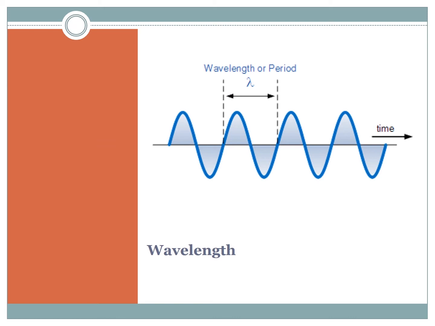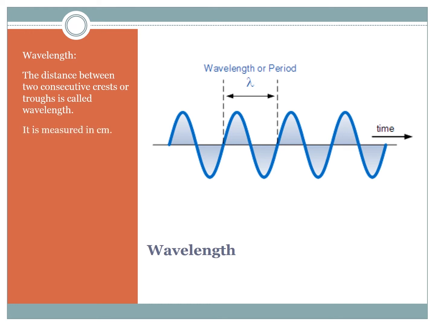Now the next characteristic is wavelength. It is the distance between two consecutive crests or troughs. If you want to understand the word wavelength, a combination of a crest and a trough also makes a wavelength. This is the length of the wave.